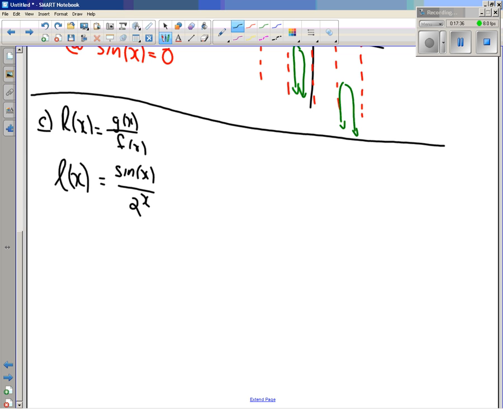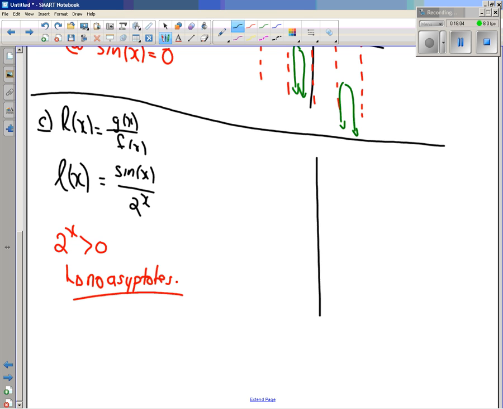Well, it's not only that it can't be negative, it's always going to be positive. So 2 to the power x is always greater than 0, which just means there's no asymptotes. Our denominator can never be 0. It's going to get very close to 0, but it's never actually going to be 0, so we don't have to worry about any asymptotes there.